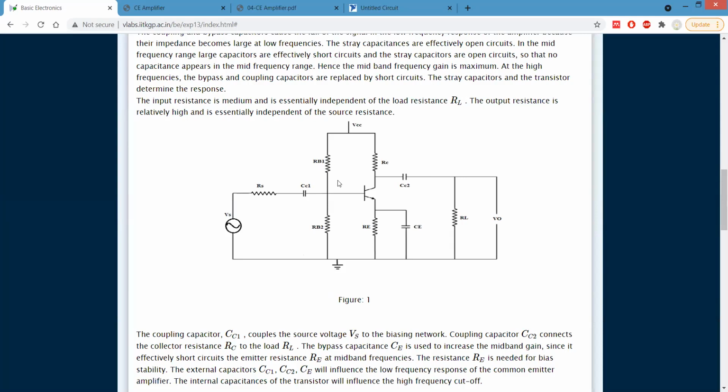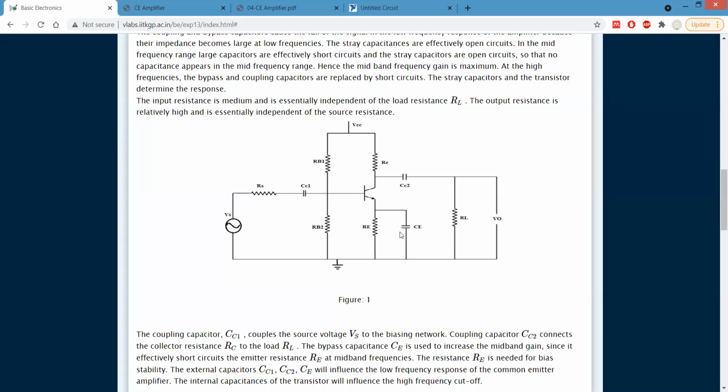This portion is in voltage divider bias mode, and these capacitors and this resistor and this load. All these capacitors are for the AC signal, and we do not want interference between AC and DC biasing. That is why we have used these capacitors.